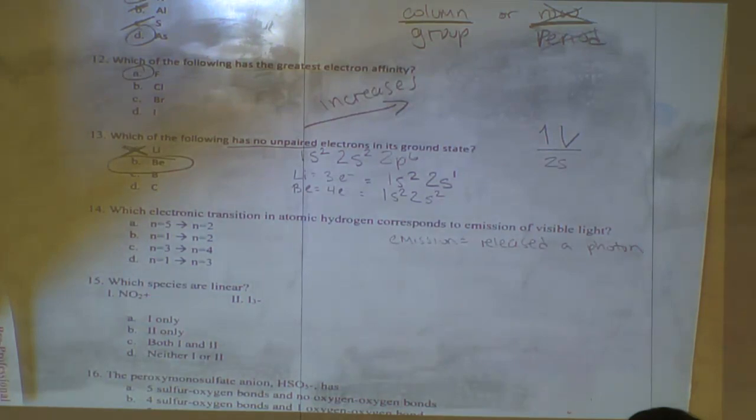What's the electron going to do? Absorb it. So we have emission and absorption. So absorption means absorbed a photon.